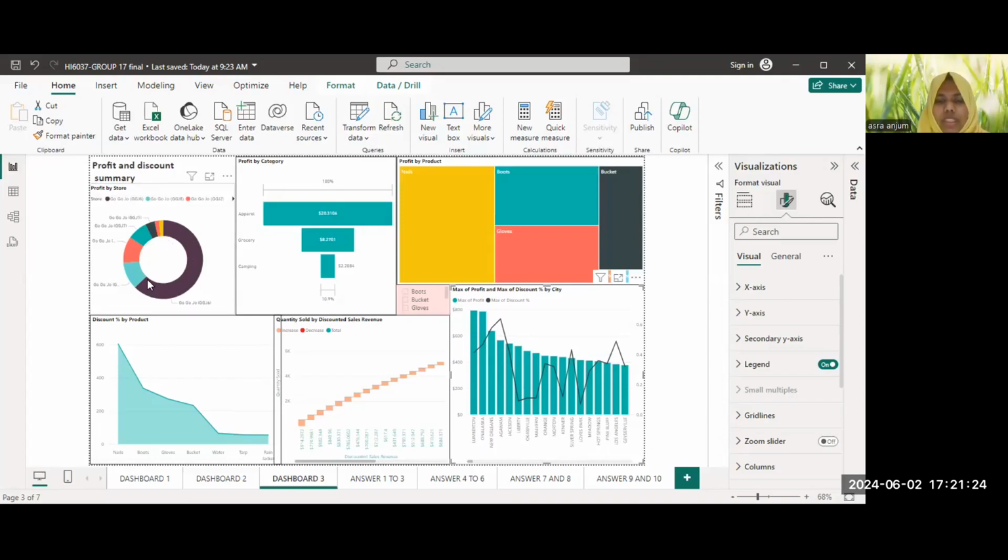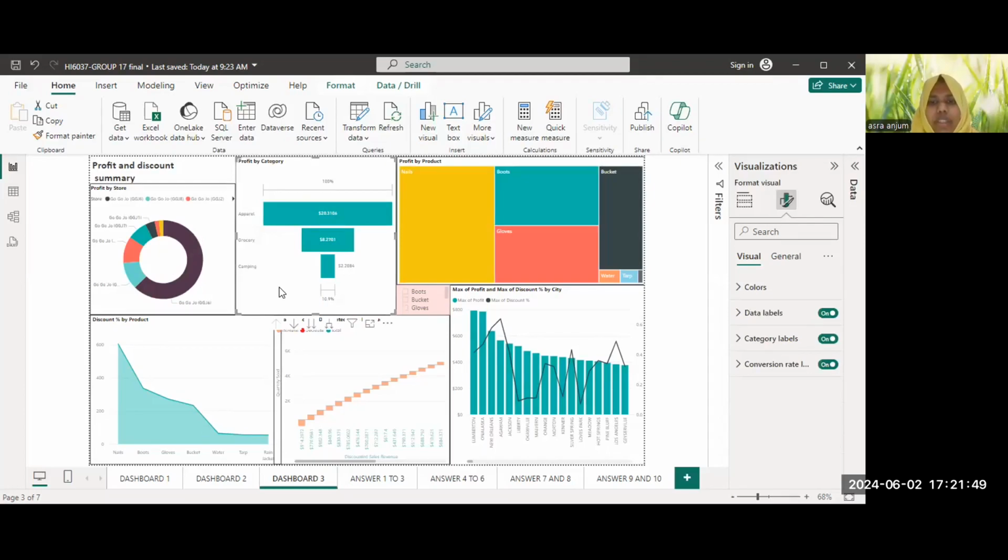Each segment represents a different store, and the size of each segment correlates with the profit generated by that store. I believe the donut chart is ideal here because it clearly shows the proportion of the profit contributed by each store, making it easy to understand.